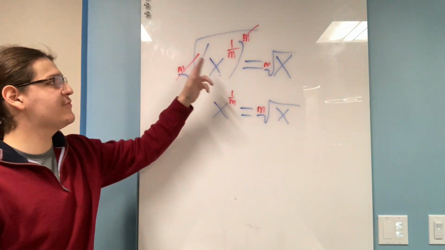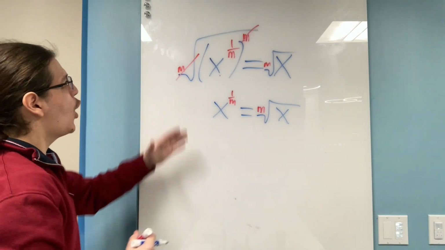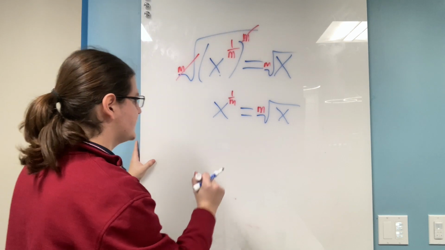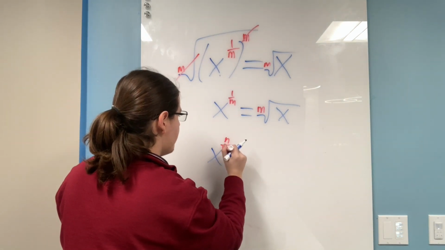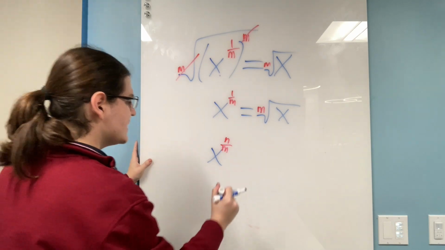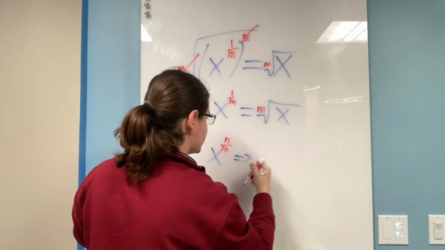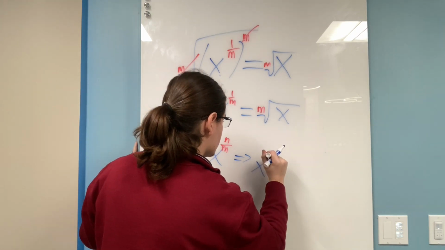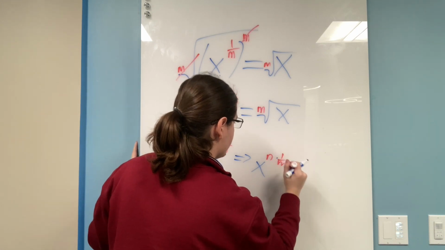Now, what if x itself was raised to a power? Well, we could keep solving it right here. If we had, let's say, x to the n over m, that is the same thing as x to the n times 1 over m.